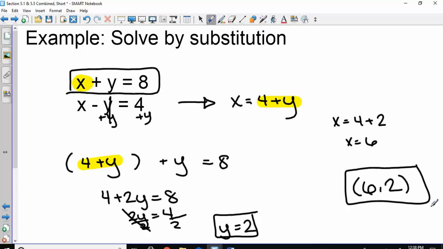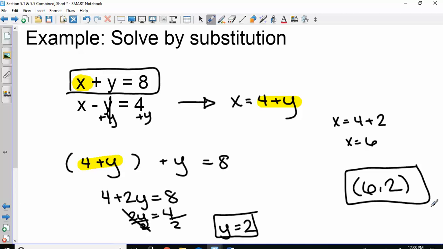If for some reason your variables weren't x and y, you just do alphabetical order. If I said A and B, you just put A then B. And you can always check these. It has to make both equations true. So 6 plus 2 does equal 8. 6 minus 2 does equal 4. So we can double check our answer there.